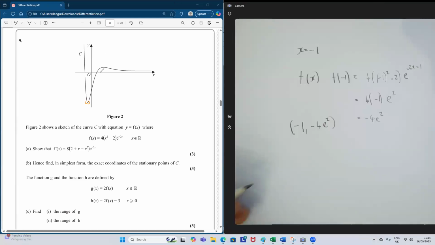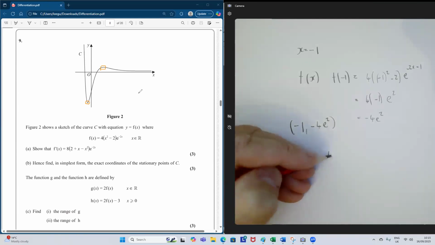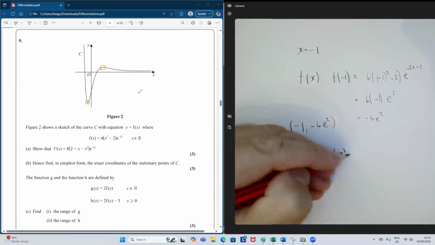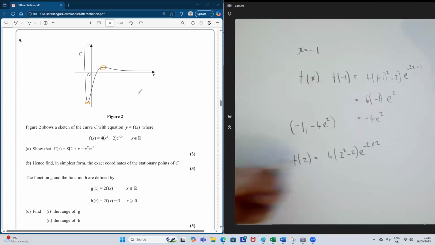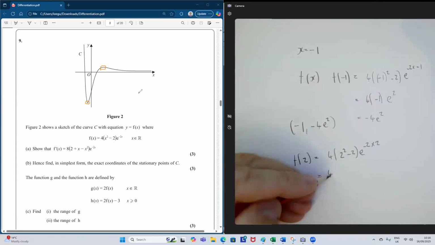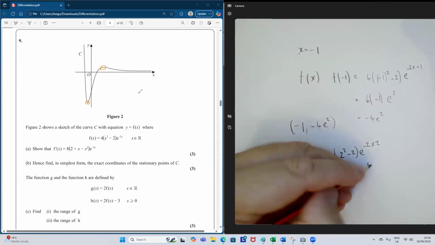Let's do the coordinate of this next turning point here, the one that corresponds to x equals 2. So we need to work out f of 2. This is going to be 4 times 2 squared, minus 2, times e to the minus 2 times 2. So that is 4 times 4 minus 2, times e to the minus 4.